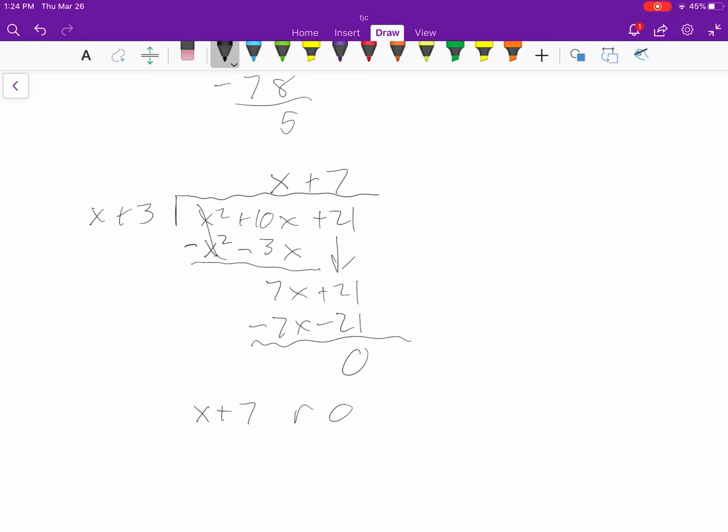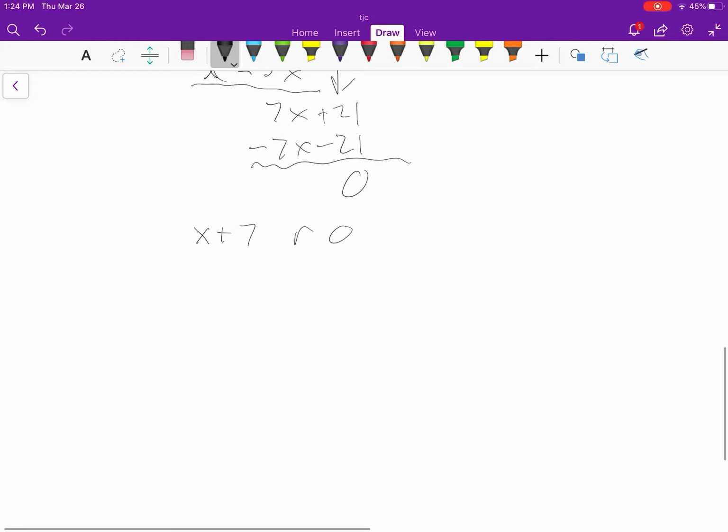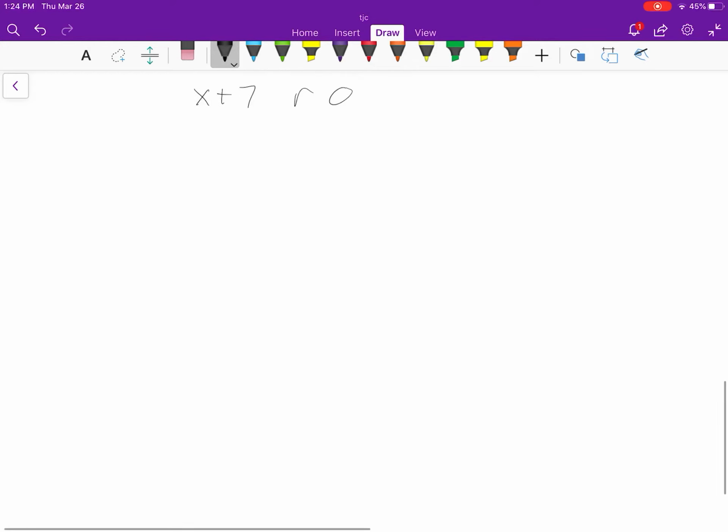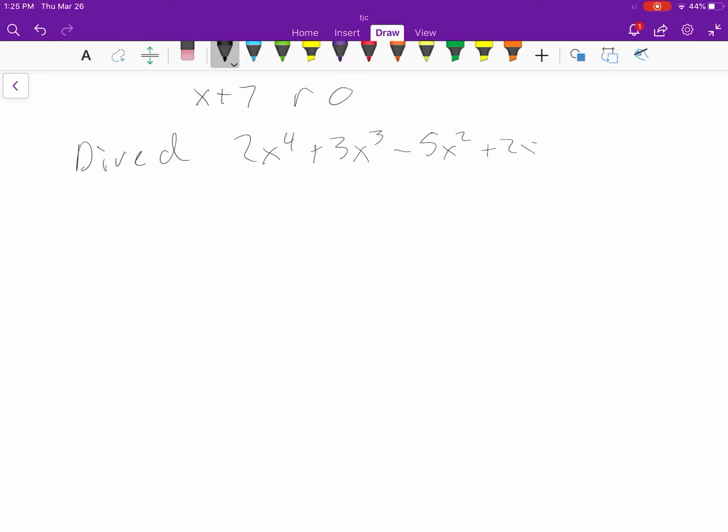Let's move on. What happens when it's a little bit more complex? So next problem here, we're going to divide 2x to the 4th plus 3x to the 3rd minus 5x squared plus 2x minus 5.